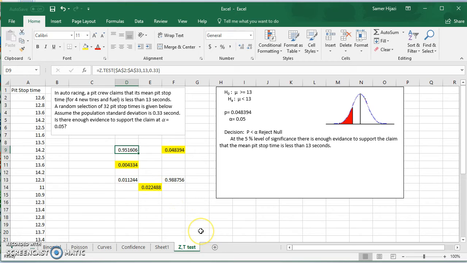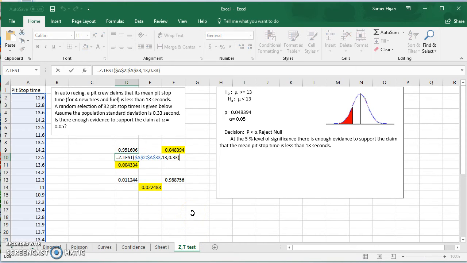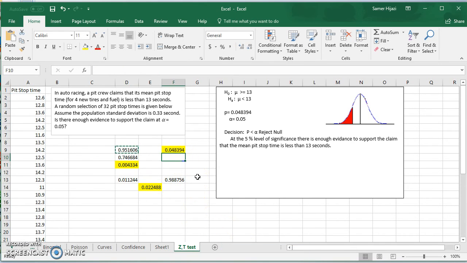Let's repeat the same thing using the t-test, and you'll see that the value will be a little bit different. As the function says, simply remove the standard deviation. You see we provide the array and the x value, and leave the sigma empty. This will be a t-test, and you'll see that the value is totally different than the z-test.